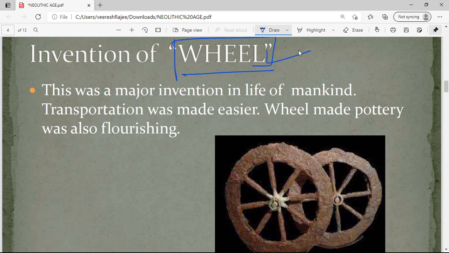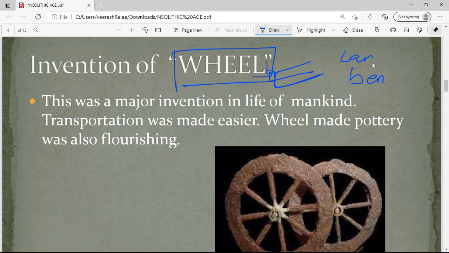Okay, then the second major development is the invention of wheel. So this is considered a benchmark or landmark development in man's life because the wheel made transportation of goods and even people easier.